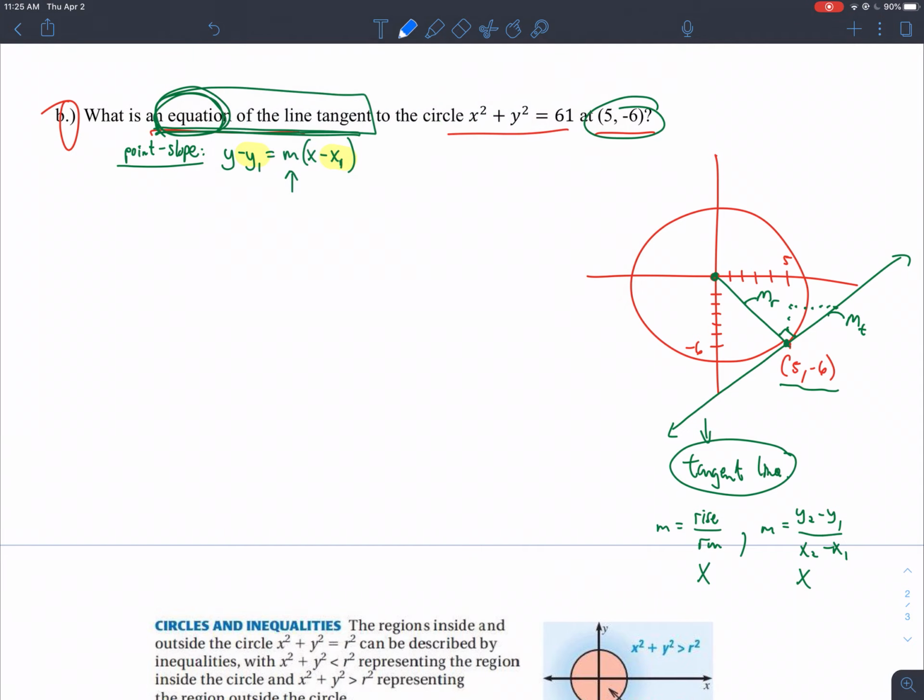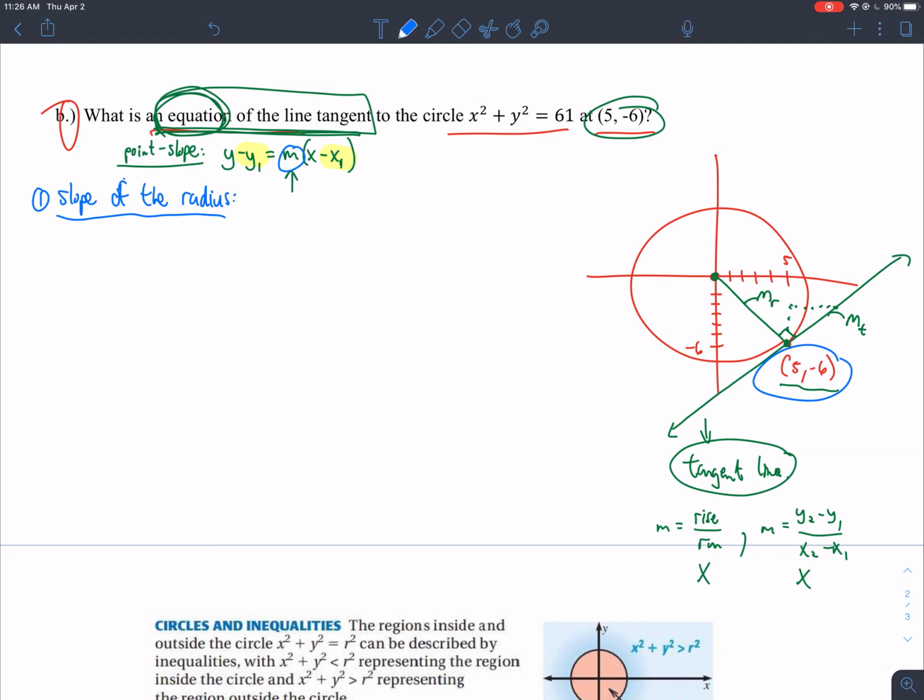Okay, so let's get in there and do that. I have a point. Good. All I need to do is find the slope. So my strategy is, number one, find the slope of the radius. This is the same for all of these questions where they're saying find the equation of the tangent line. So find the slope of the radius.